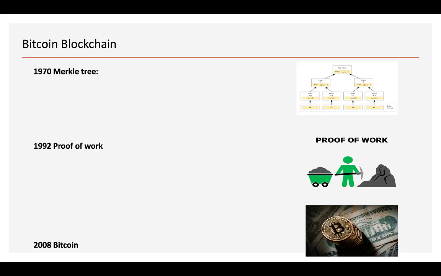Now, Bitcoin blockchain did not come out of a vacuum. People have been working on some of the techniques that are used in the Bitcoin blockchain, such as creating Merkle tree, the idea of proof of work, and of course the PKI, the public key cryptographic infrastructure, and the use of digital signatures.